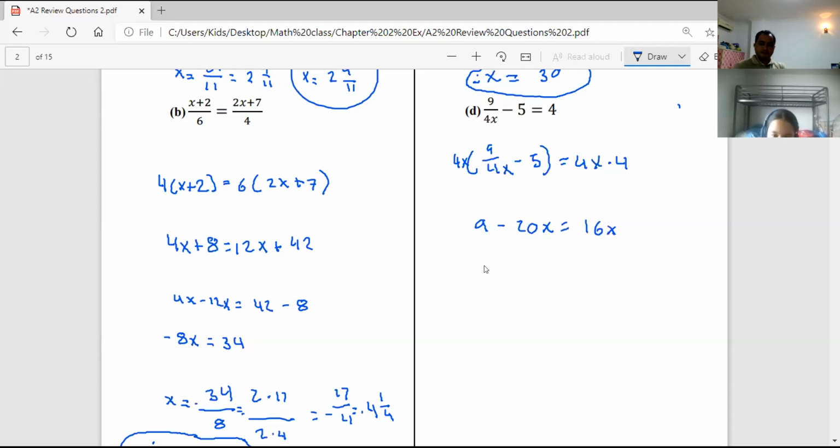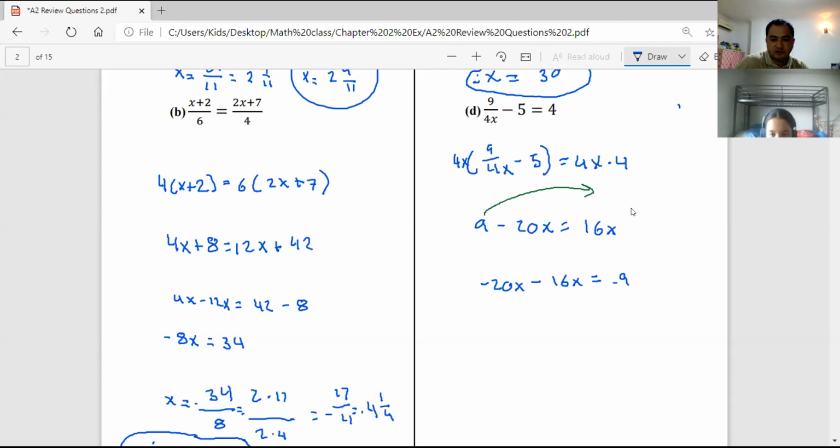Okay. And then negative 20x minus 16x equals 9. Shahina, 9 or minus 9? Oh, minus 9. Because you are taking this 9 to the right hand side, so it must change sign.